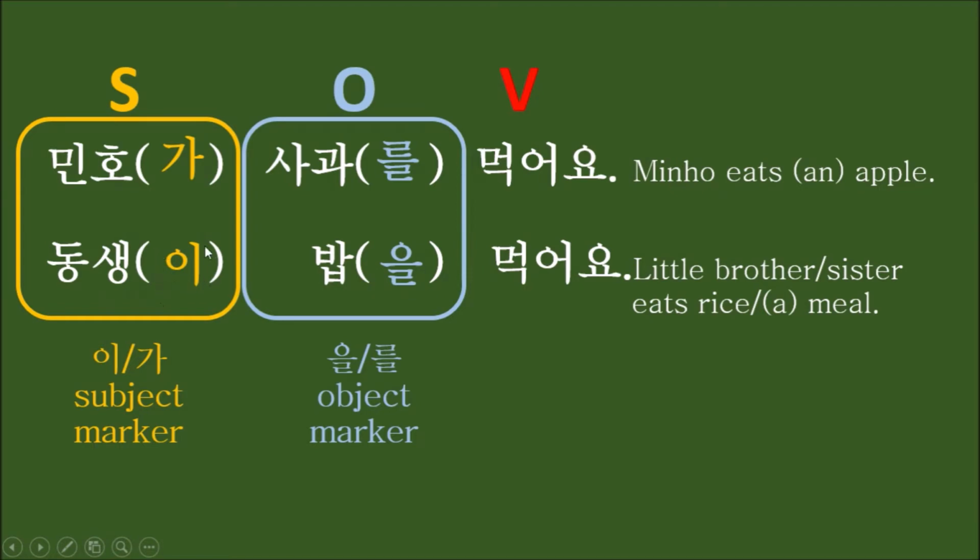We use 동생이 because 동생 ends with a consonant, and we use 을 for the object because 밥 ends with a consonant. That's a very simple rule.